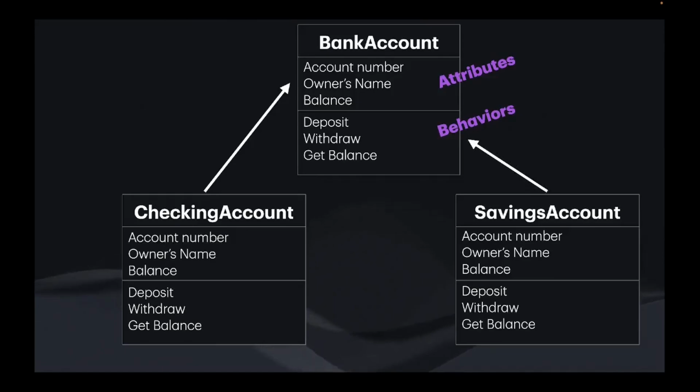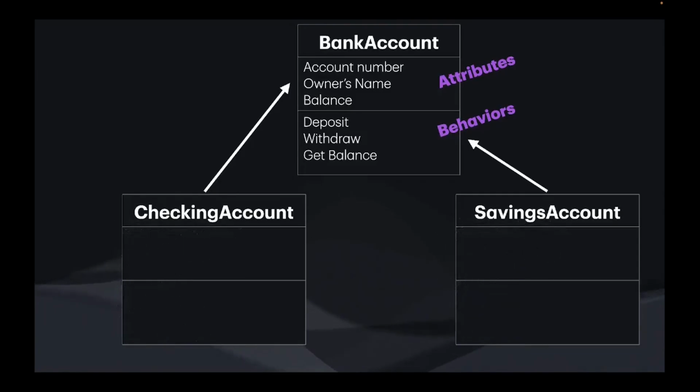Now, a key benefit of using inheritance is that anything that's inherited by a class doesn't have to be re-implemented. In other words, you don't have to write code for those things. You've already written the code in the bank account class. Instead, we can just add the attributes and behaviors that are specific to those kinds of accounts.